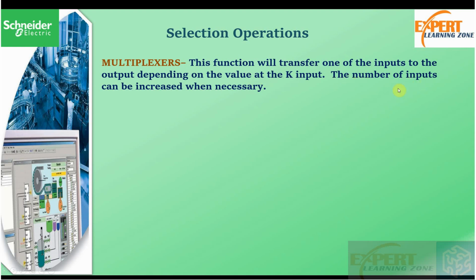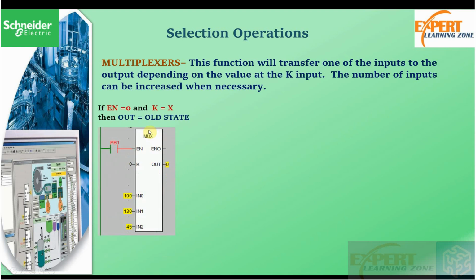The number of inputs can be increased when necessary. Specifically for our Unity Pro controllers, multiplexers here can only go from 0 to 30, so they can take a maximum of 31 inputs. It may change depending on the vendor or the controller.